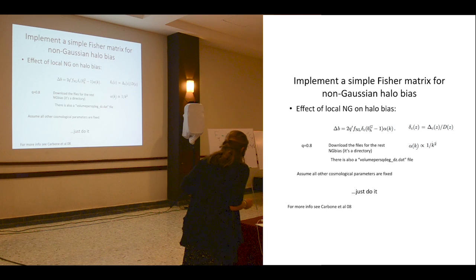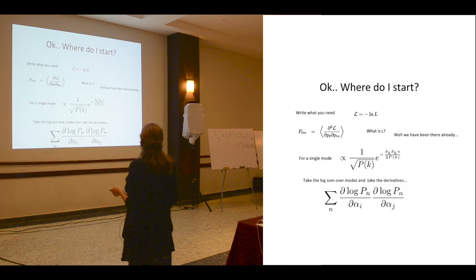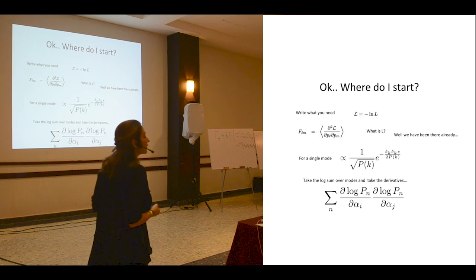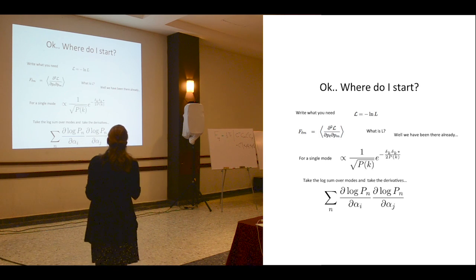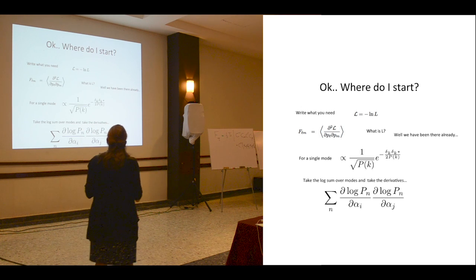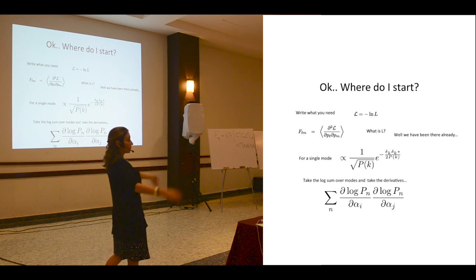So, okay, where do I start? What you need is the log likelihood. And then you need to take the second derivative of that. What is that? Well, we are already there. For a single mode, it is that. We wrote this when we were dealing with a Gaussian field.